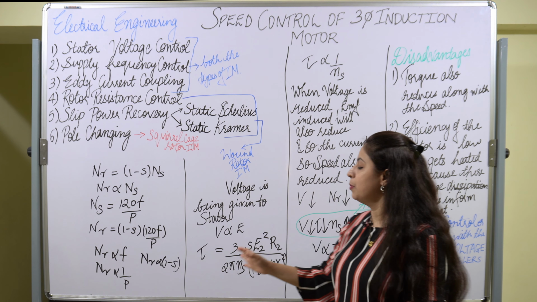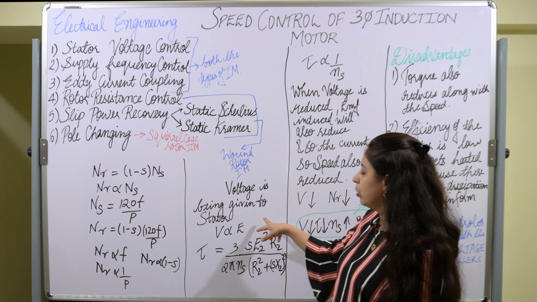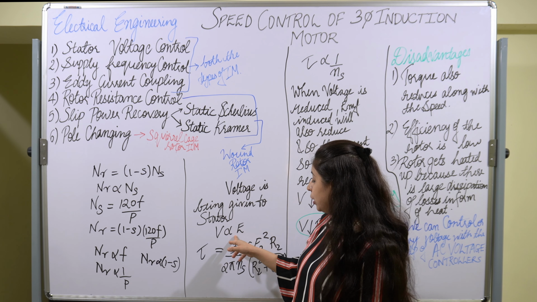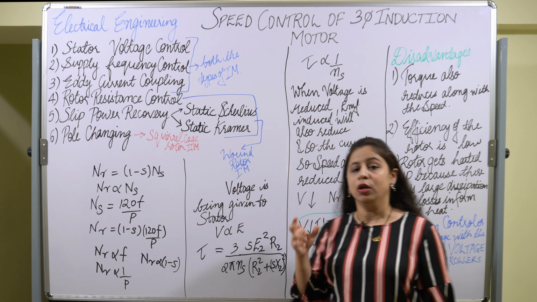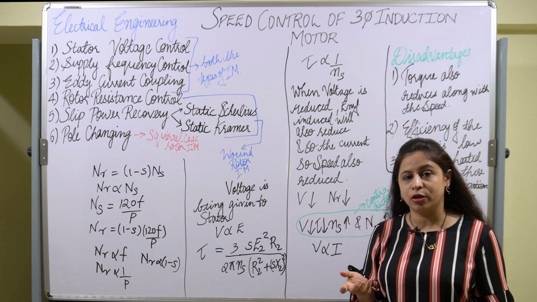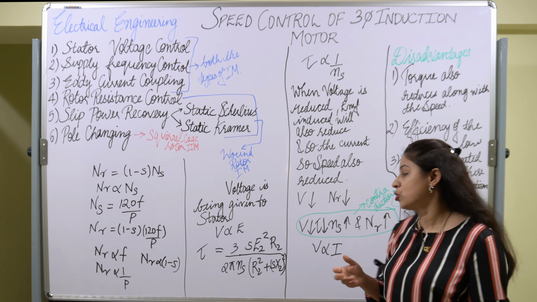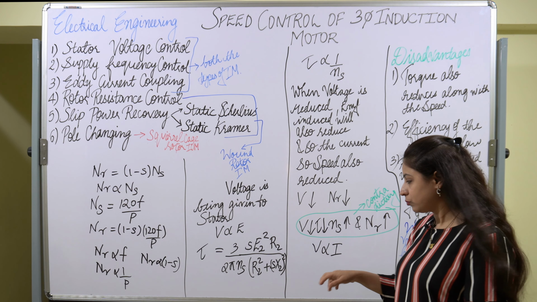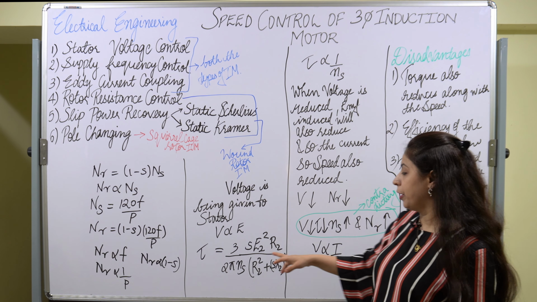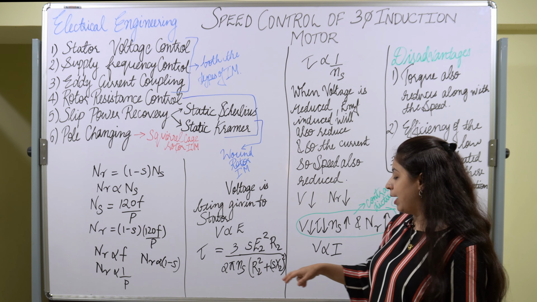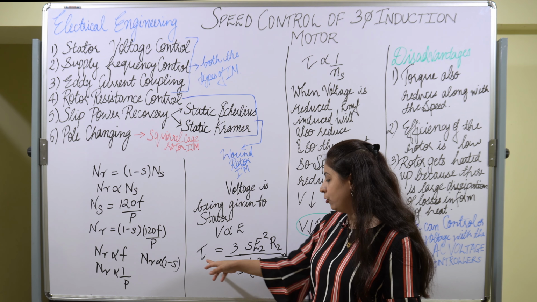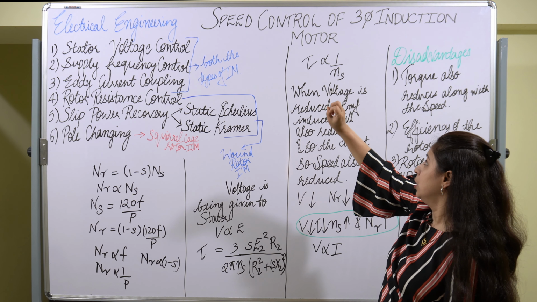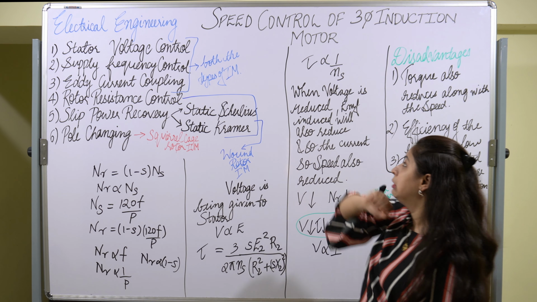Okay, so in this method basically what we did was control the voltage of the stator, which was directly proportional to the EMF generated. So when the voltage is reduced, the EMF is also reduced, and hence the current, because voltage is directly proportional to current. According to the torque equation, NS and torque are inversely proportional, so when NS is reduced, torque should increase.